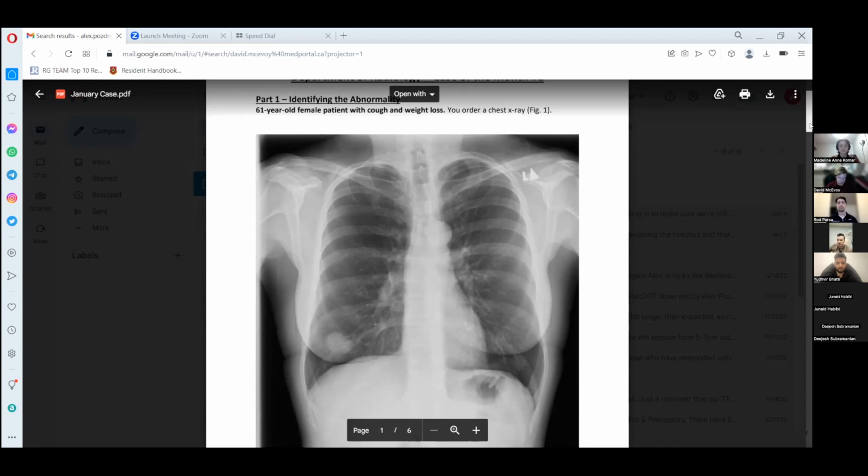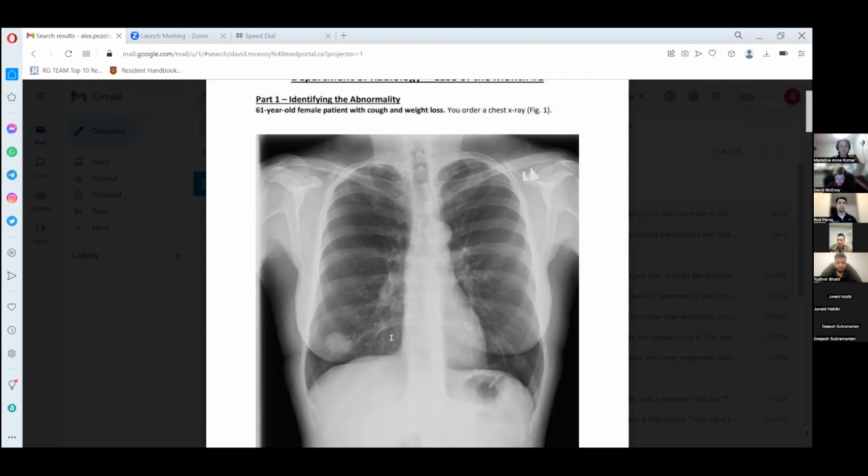It will be the darkest, and it creates this contrast against the ribs, the heart, the mediastinum, and the soft tissues. That gives us the opportunity to see pathology very well, because usually pathology in the lungs won't have as much air. Usually it's going to be denser, and because of this contrast, we'll be able to see it.